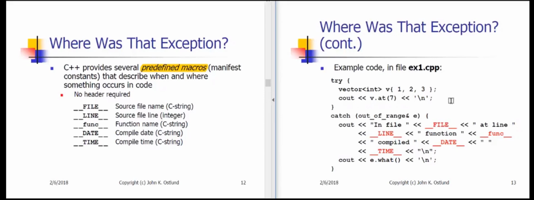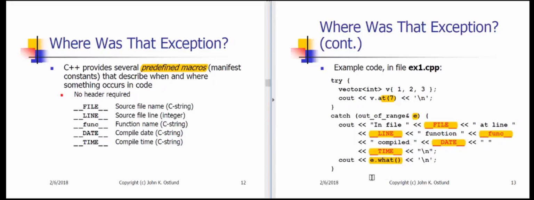Let's suppose that this is in a code file named ex1.cpp, so that when this out of range error is generated by calling the at member function with a bad subscript, the out of range exception is caught in this catch block, and we can display in file and the file name ex1.cpp at line, whatever this line number is in the file, in function, whatever function we're currently in, compiled on this particular date at this particular time, we have what happened.